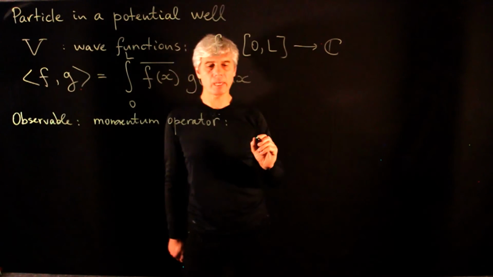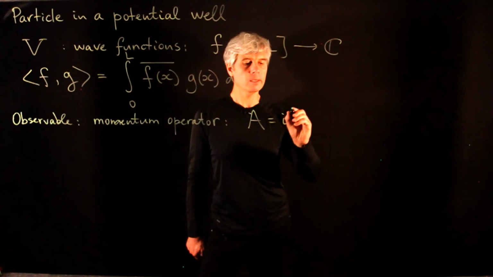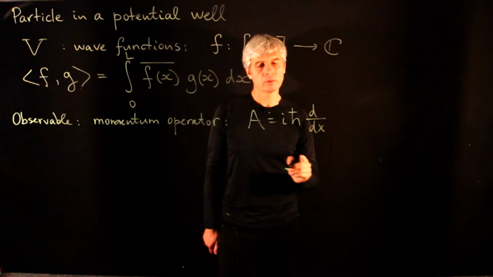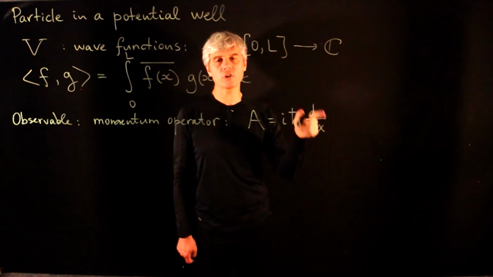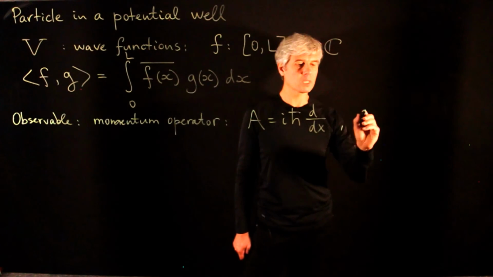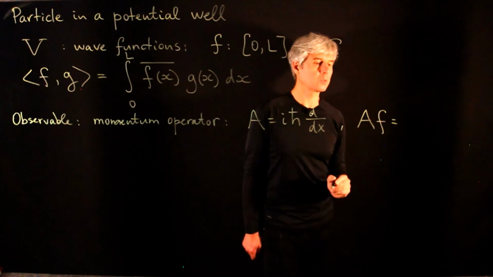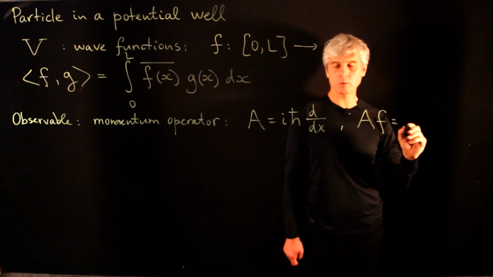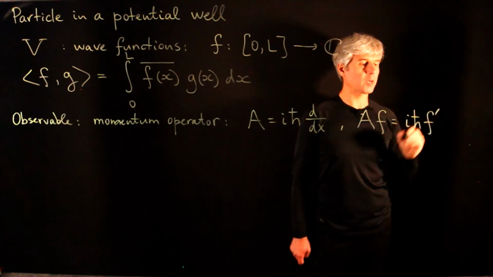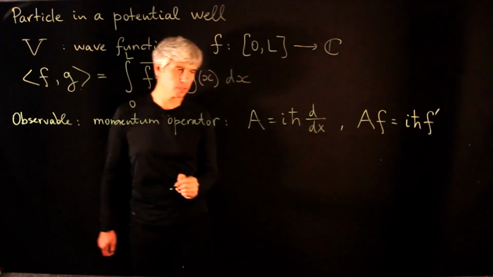So this operator A is i h d/dx. So essentially this is a differentiation operator, taking the derivative. So A applied to f, to the wave function f, is going to be i h times f prime, the derivative of this function.